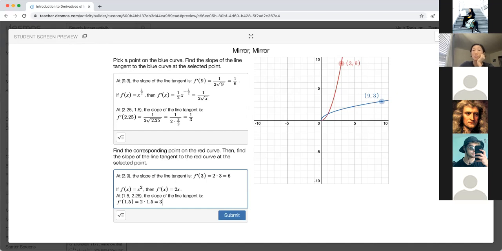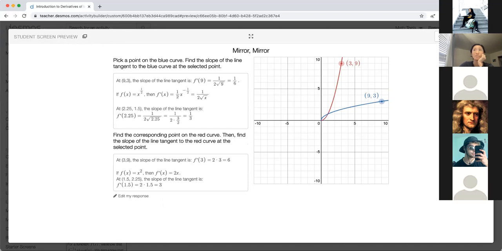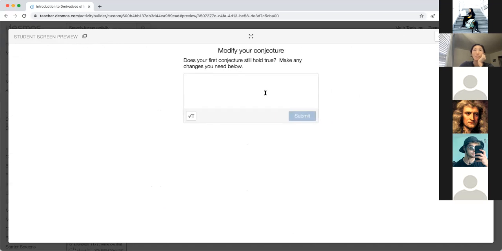It seems to still be fitting, okay? So on the next slide, I had a chance for us to see if we needed to make any changes, okay? But I think we're good to go. We could say again, the corresponding points or the slopes of corresponding points on inverse functions are reciprocals.